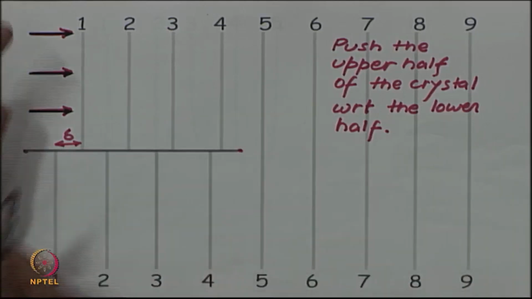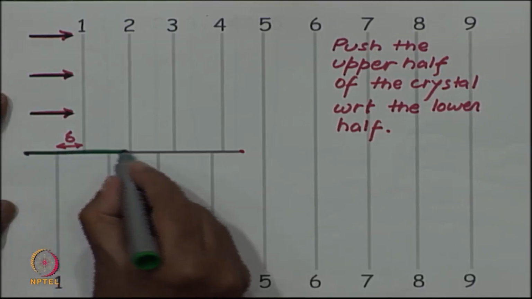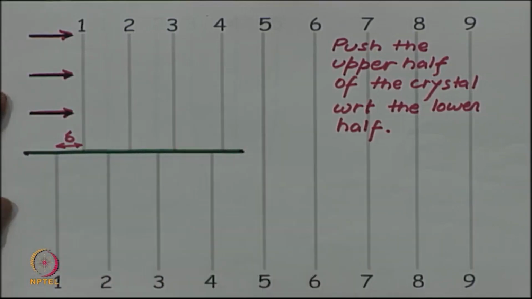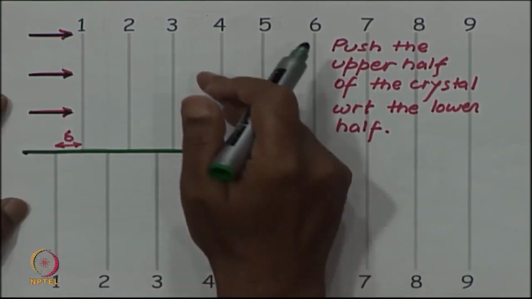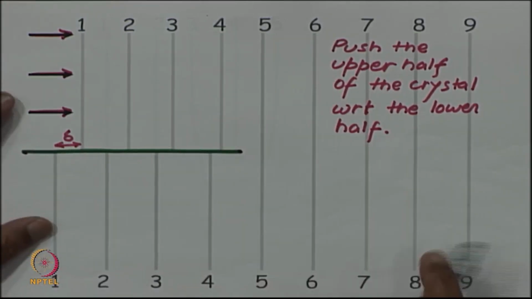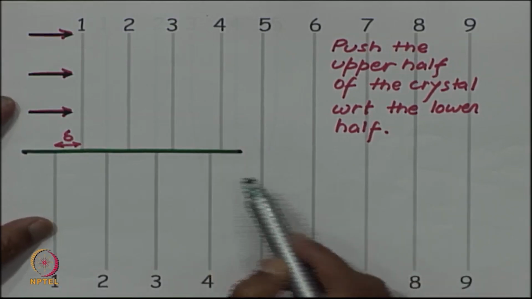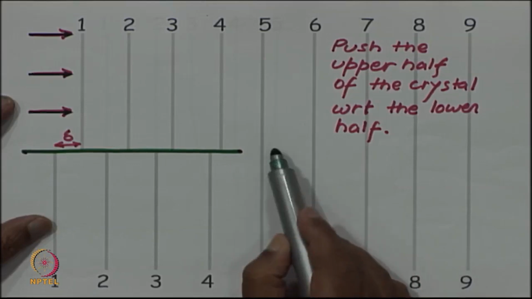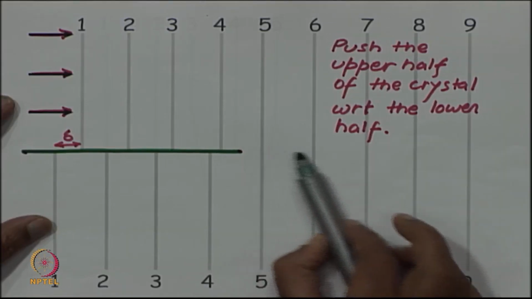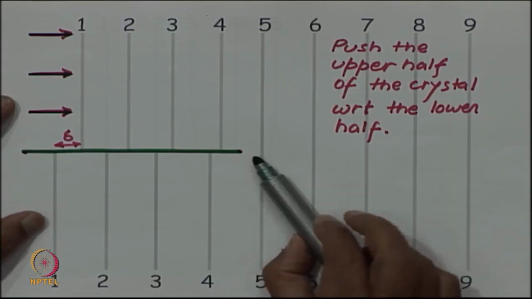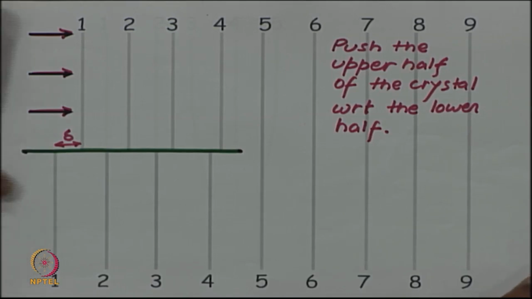My cut plane stopped after the 4th plane. I had not cut the entire crystal into 2 halves. I had run my knife only up to the 4th plane. So, the top half of the 4th plane also shifts towards 5, but beyond 5 and further down, I do not have any shift like this, because there was no cut. The cut was not extending beyond this.